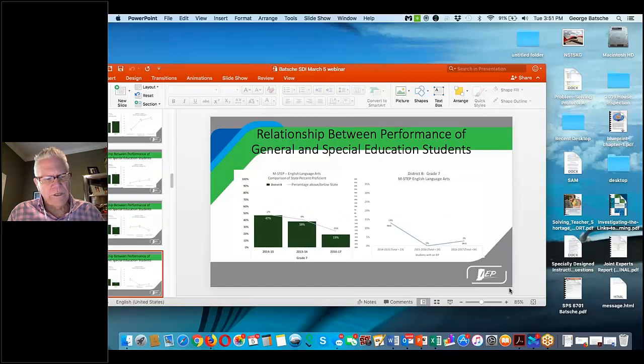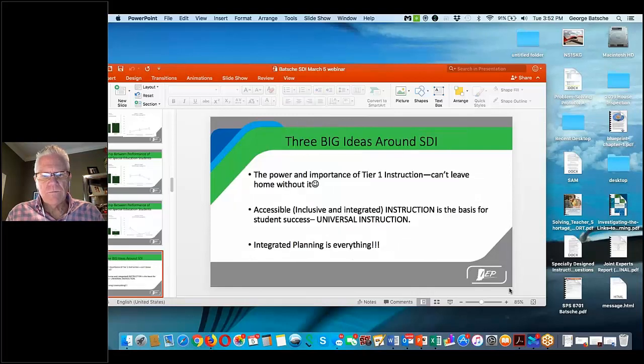There's also a report recently out from the Brookings Institute that reiterated all of this based upon reviewing research nationally, that if you want to improve the performance of kids with disabilities, we need to improve the performance of all kids in Tier 1. And here's the kicker that we're going to talk about today. We need to use Tier 1 for our students with disabilities to lift them up. And we're going to talk about how.